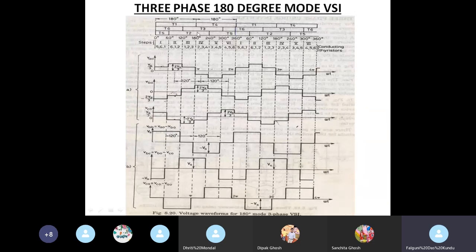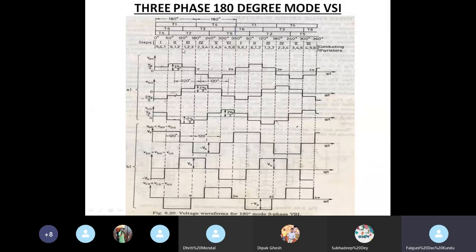We say that because VA0 is positive for this portion. After that T4, in this portion T4 becomes positive. After that T1, after that T4.